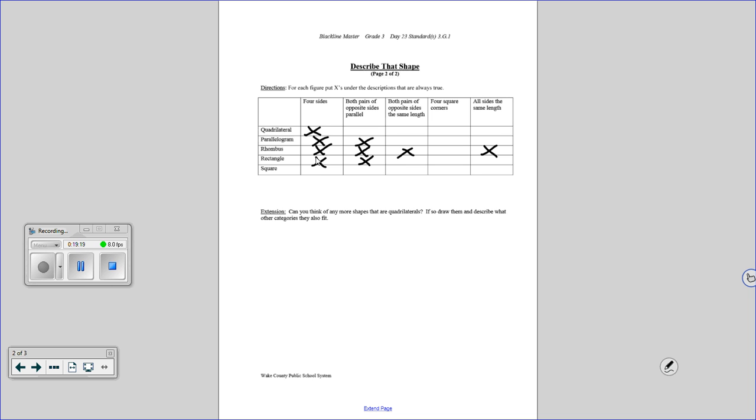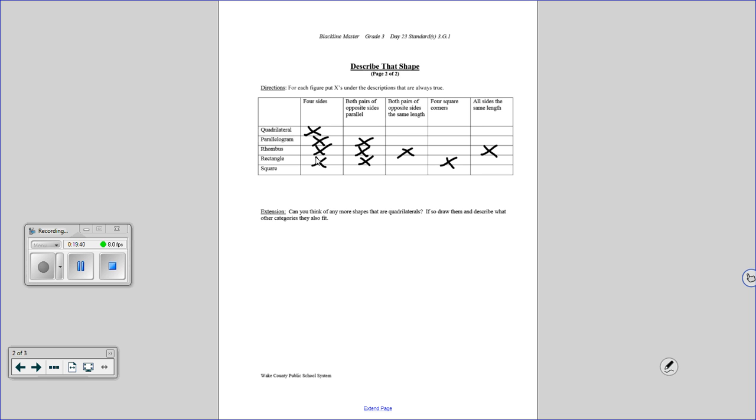What else? Ryan? 4 square corners. 4 square corners. Very good. What else? Piper? All sides. No, wait. There's one more and it's tricky. Jackson? Both pairs of opposite sides the same length.